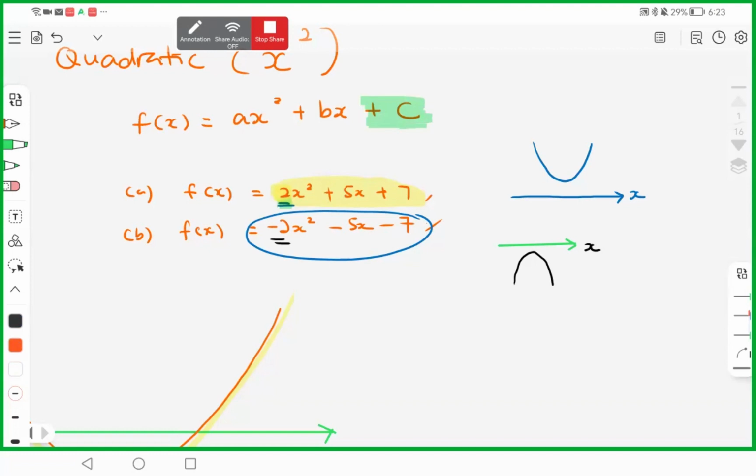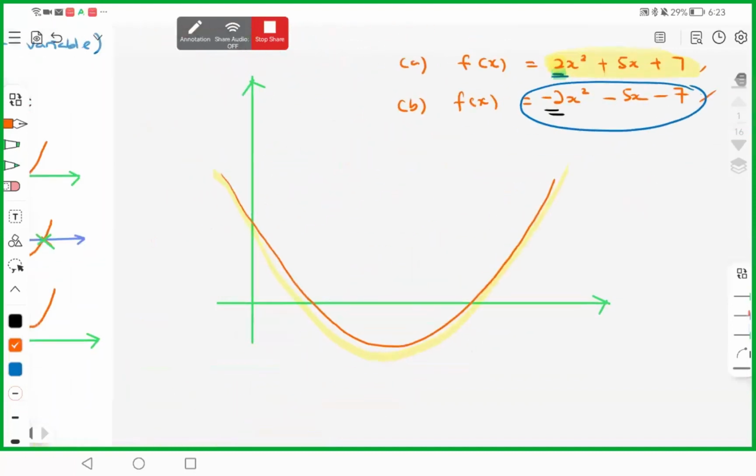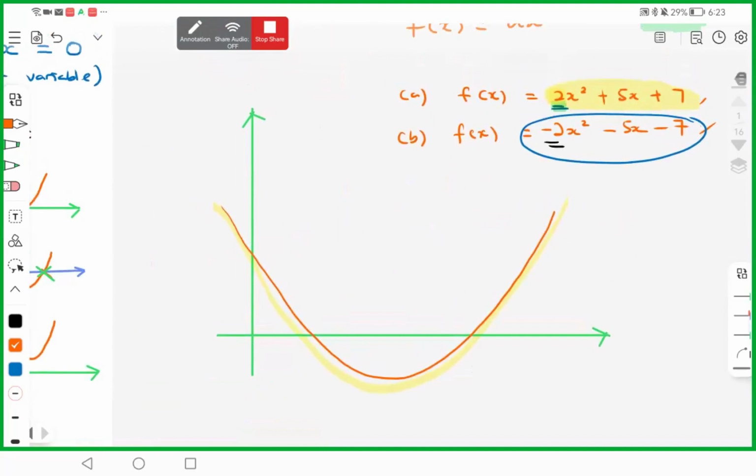The value of c is the y-intercept, the point where the line cuts the y-axis. We should have learned this in Form 3, last chapter, y equals mx plus c. So this is the value of c. c means the value of the y-intercept.